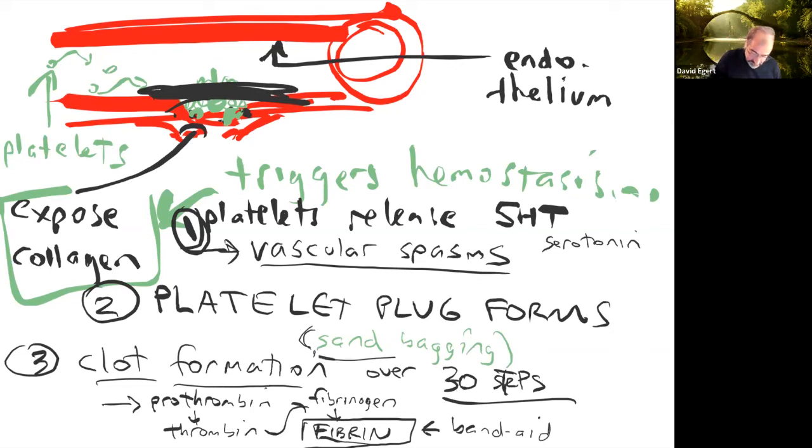Right, this was kind of just sandbagging, just piling all the platelets on top just for the moment. But now we've got this kind of other protein, this fibrin Band-Aid there. If you have some genetic disorder where any of these plasma proteins involved in clot formation is not functioning right, what do we call that condition?